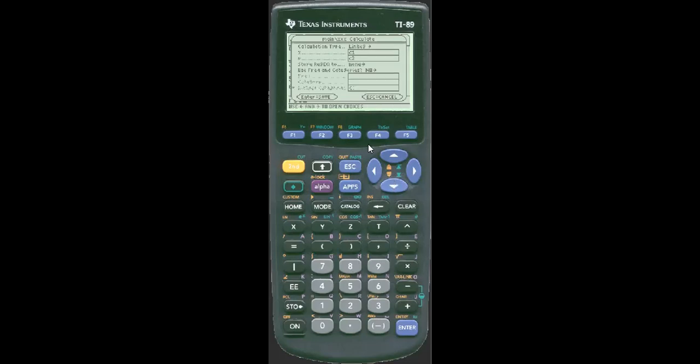Then store regression equation to, let's see, Y2. We selected Y1 before. Enter. Okay, that's it.